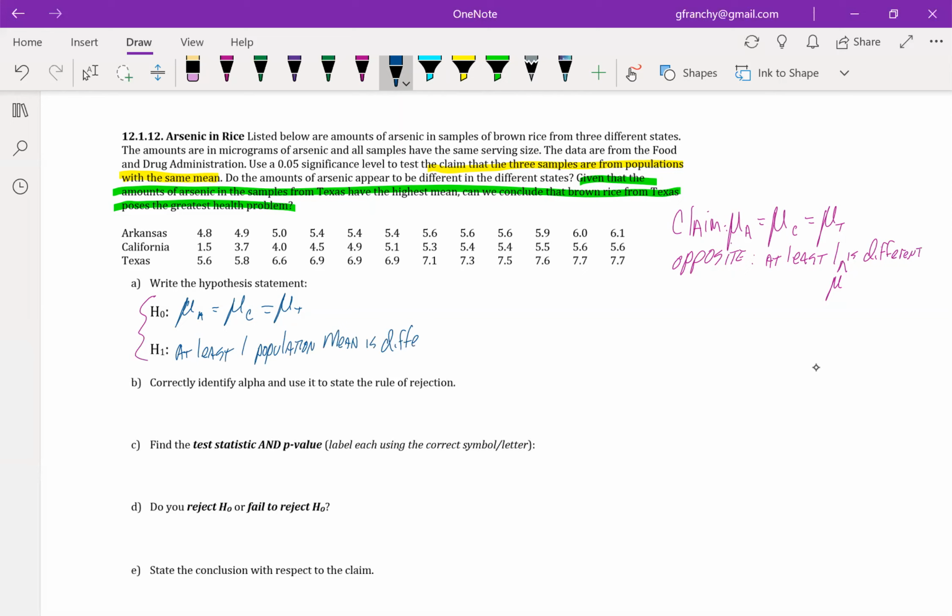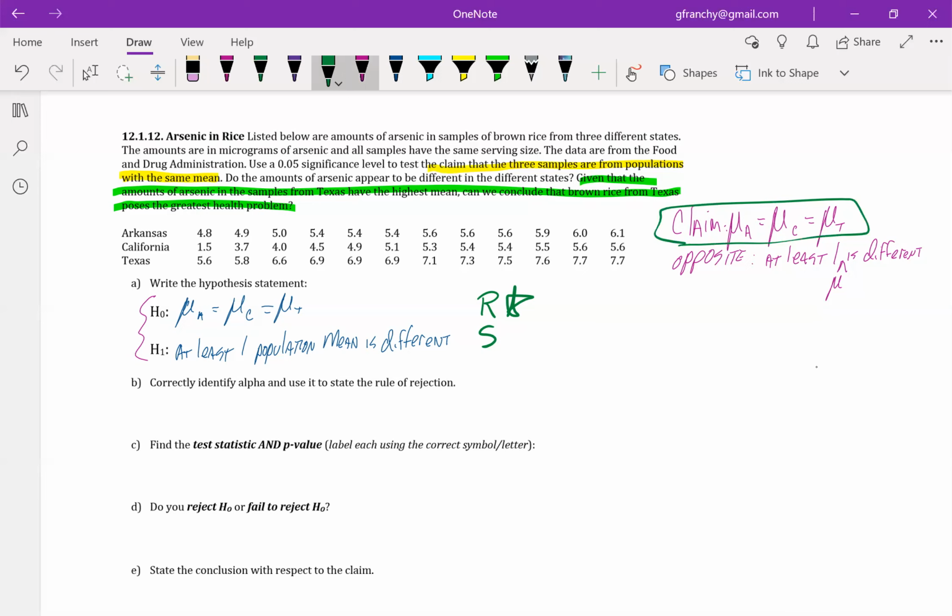That phrasing allows for 2 of them to possibly be the same, but the third one being different. And then, as we've been doing, the R and the S, and it is the null hypothesis that represents the claim. So when we get down to the conclusion, we'll talk about whether or not we can reject this claim that all 3 samples are from populations with the same mean.